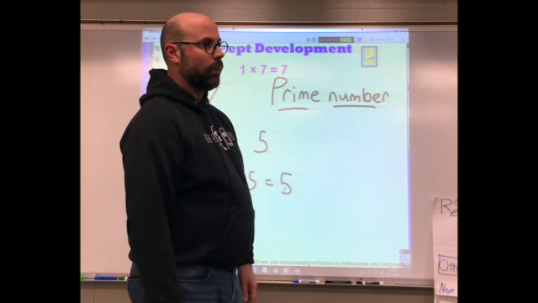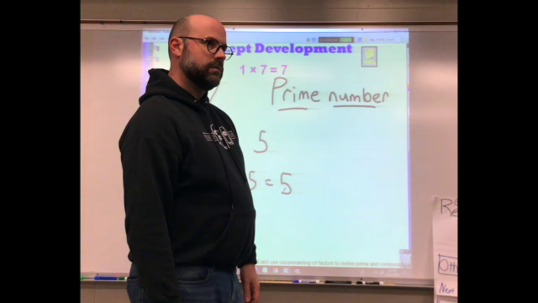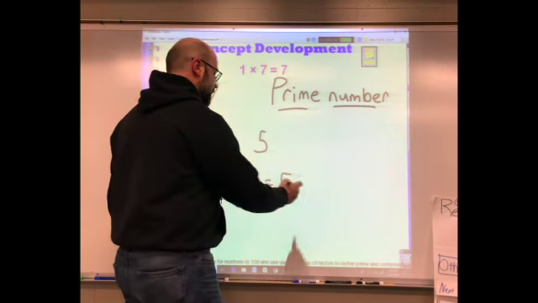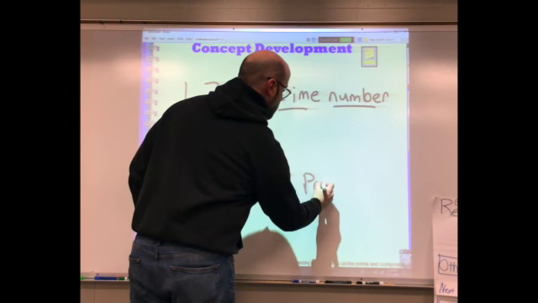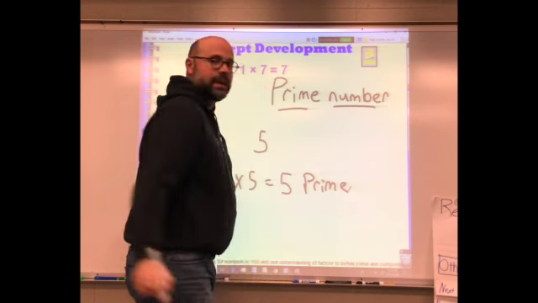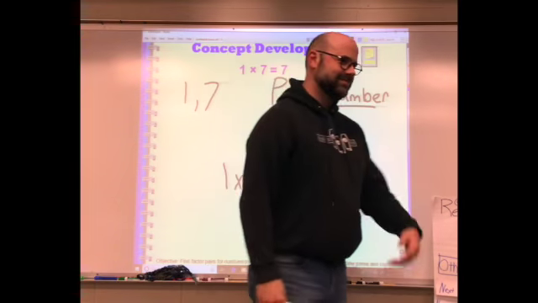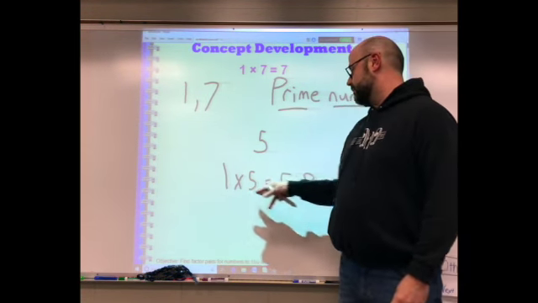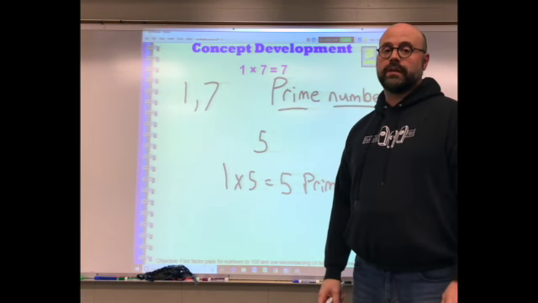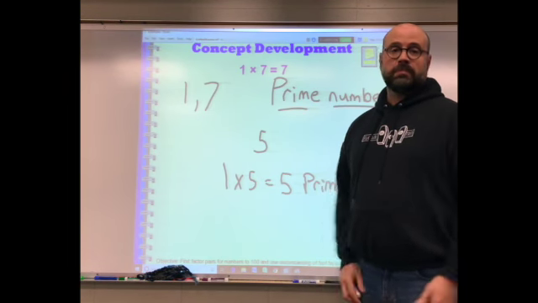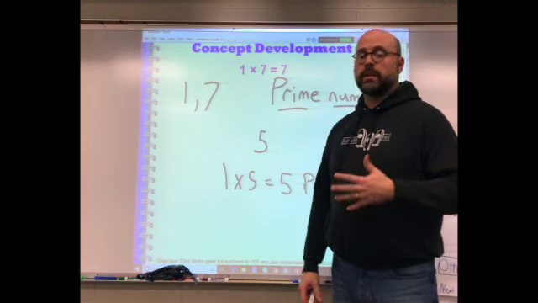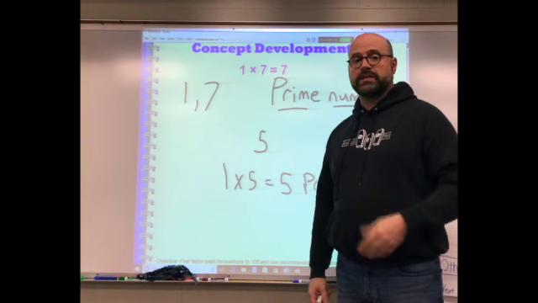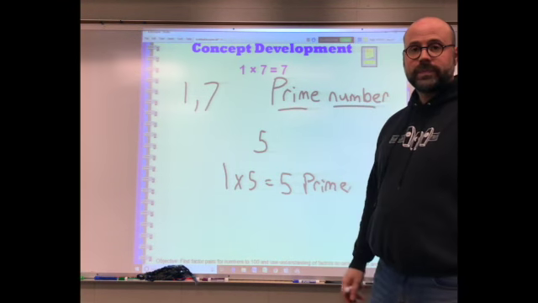Nothing. 5 is a prime number. An Amazon prime number. Nothing else will give you the product of 5 besides 1 and 5. It's that easy to remember a prime number, guys. It is just 1 and itself. It's the only numbers you can multiply to get it.